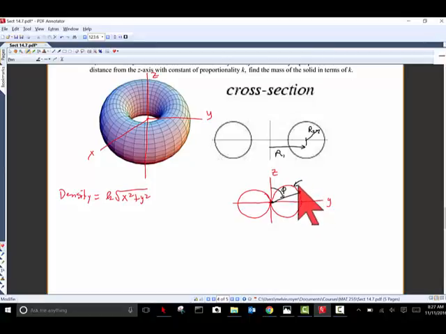If I remember results from polar coordinates, though, the equation of this circle is rho equals 3 sine phi, where rho is this distance from the origin.